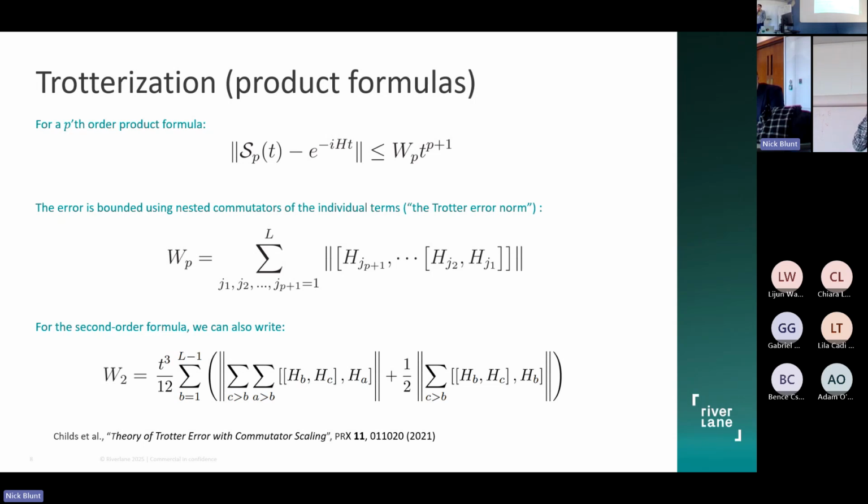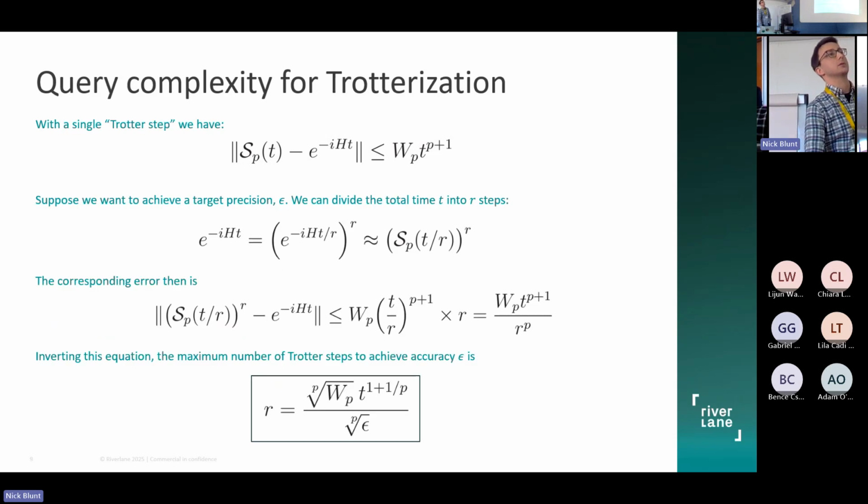And so when you work out the query complexity, when you invert this equation, you end up getting this P-th root. Not sure I have much intuition behind it. Just the less commutative terms. Yeah, exactly. This commutator scaling is considered good in some sense.